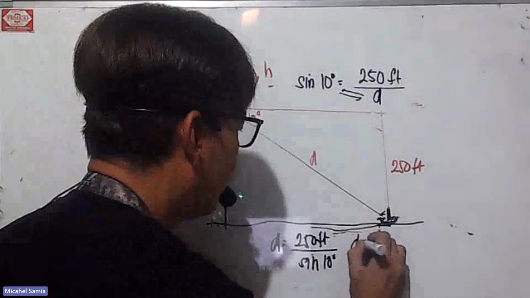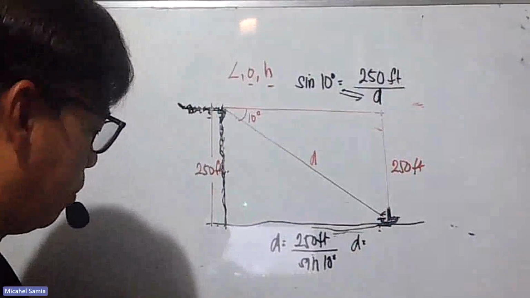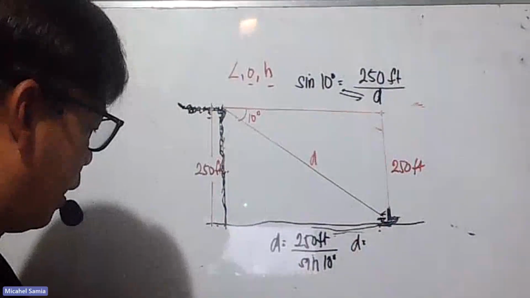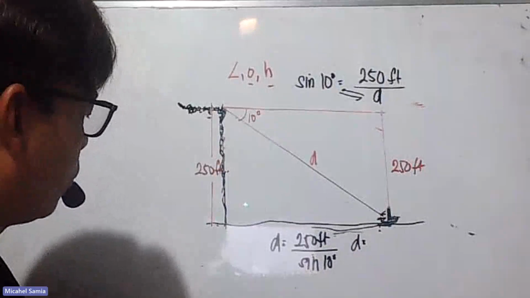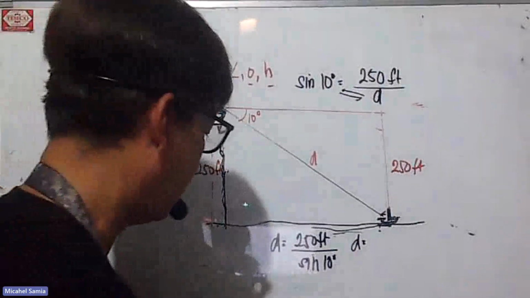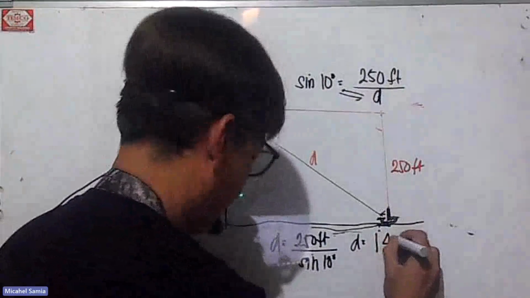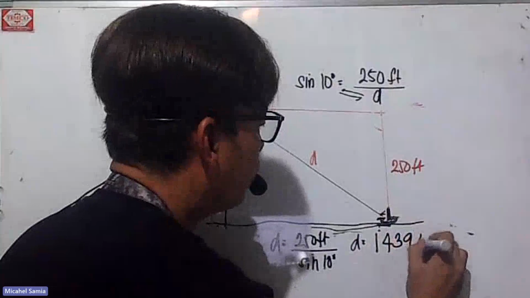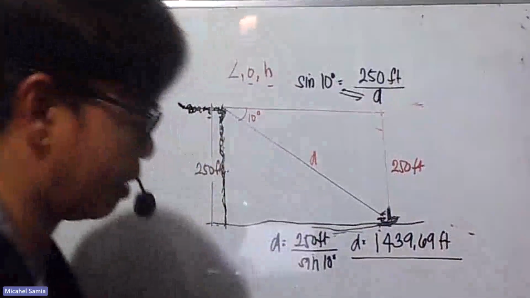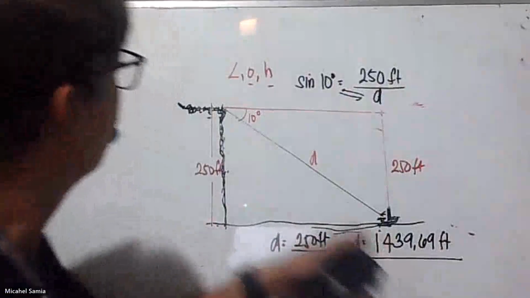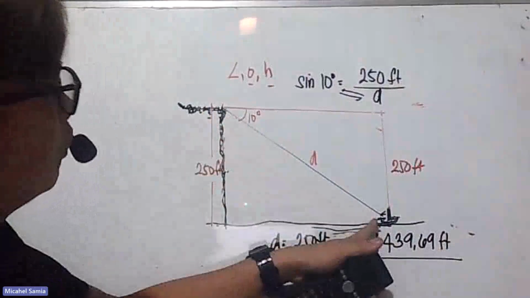So your D now is equal to 250 divided by sine of 10 degrees, which is 1,439.69 feet. So that is the distance of the boat until the top of the cliff, from here to here.